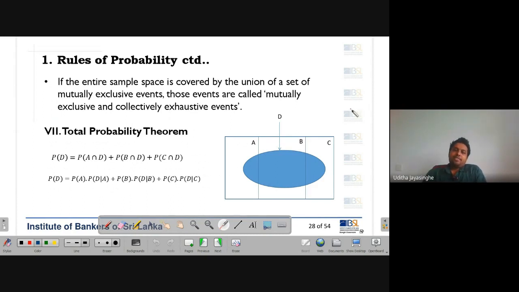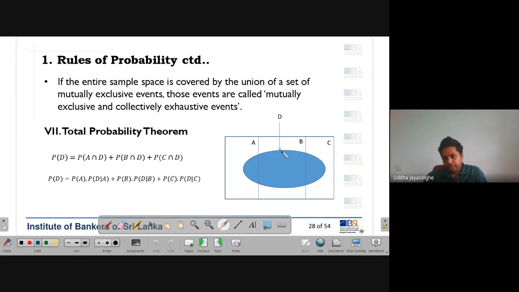Okay, rule number 7, the total probability theorem. Now this is where, in fact, by answering some of the exam questions of last week, unknowingly we have used this theory to a certain degree. So this is where you could put things in a formal way and learn it with the name total probability theorem.